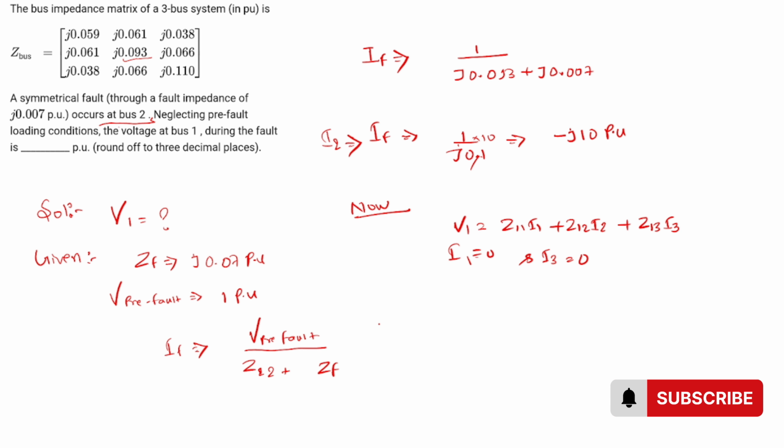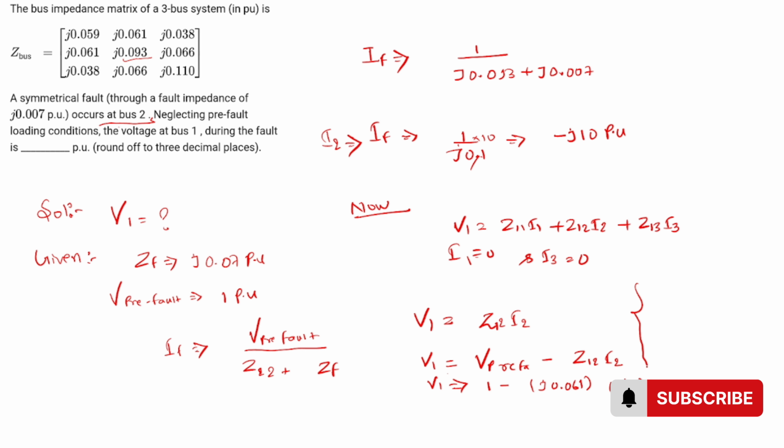Now V1 equals V pre-fault minus Z12 I2, because of the pre-fault condition. So V1 equals 1 minus j0.061 into minus j10.